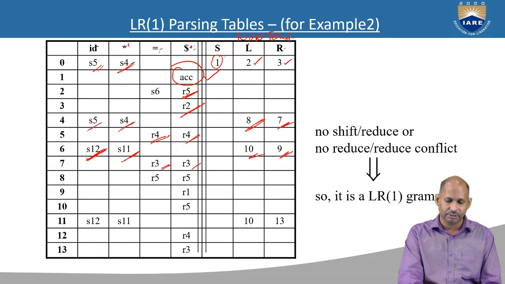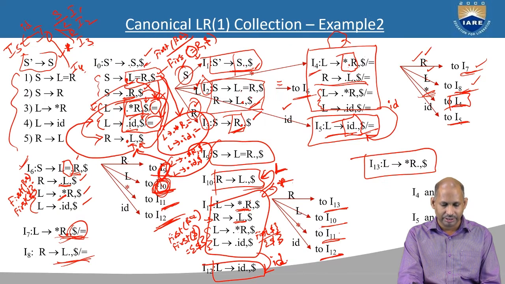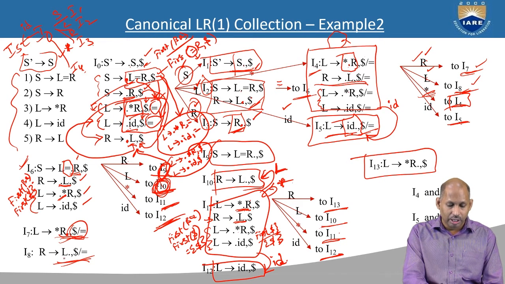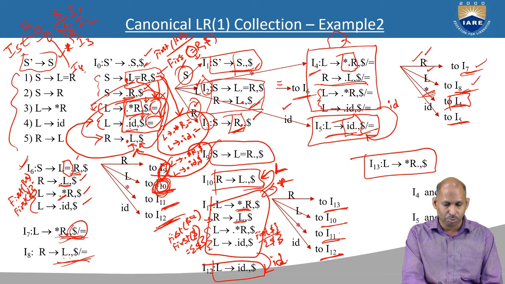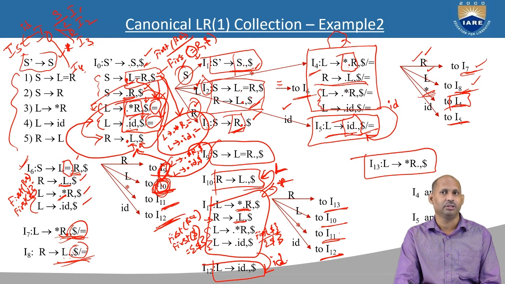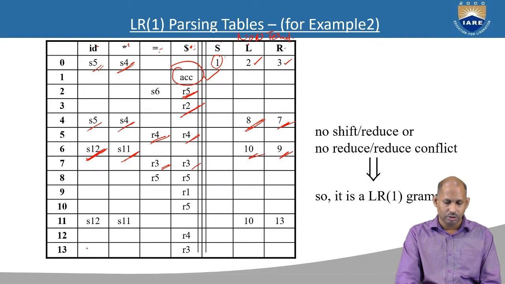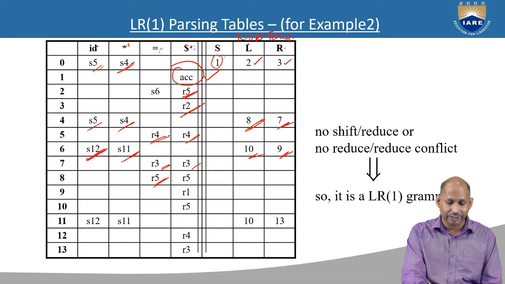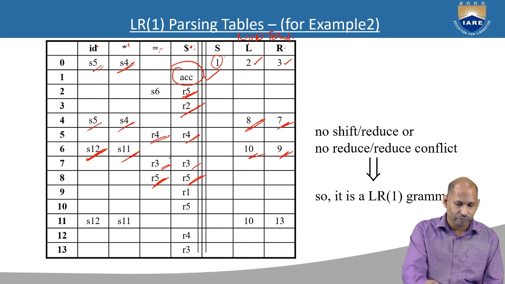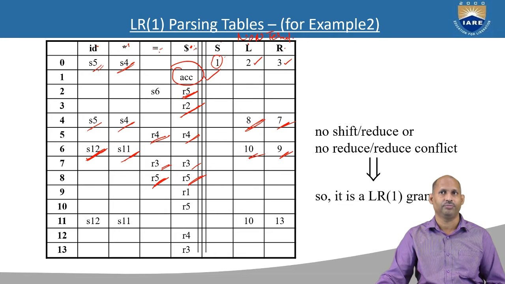Then I8, L dot, production number 5, and symbols of dollar and assignment. So reduce production number 5 for assignment and dollar.